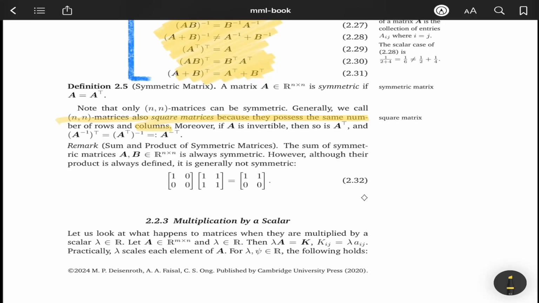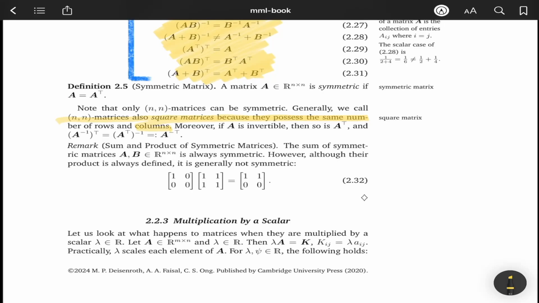Okay. Moreover, if A is invertible, so A has an inverse, then so is A transpose. Okay, so transposing does not take away the invertibility. I do not understand why they are writing this here. Is this only for square matrices?